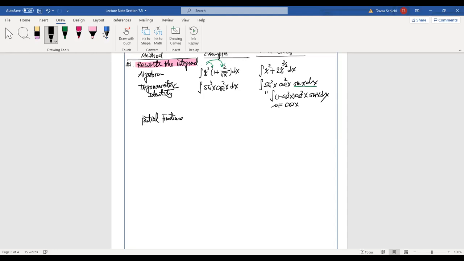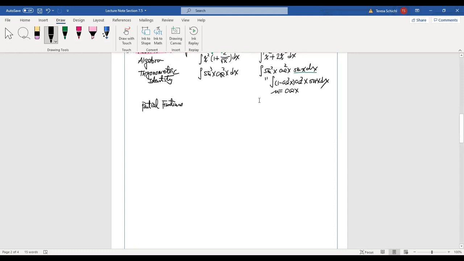Right, so for the partial fraction, basically it is dealing with what? The rational functions, right? So for example, if you have something you integrate like this, the x plus 2, let's say the x minus 3 dx. So what is the partial fraction?